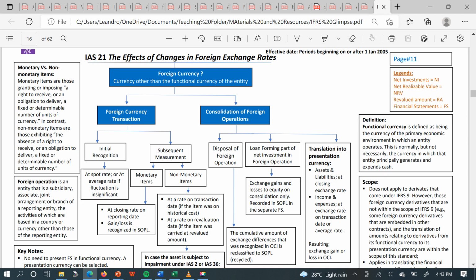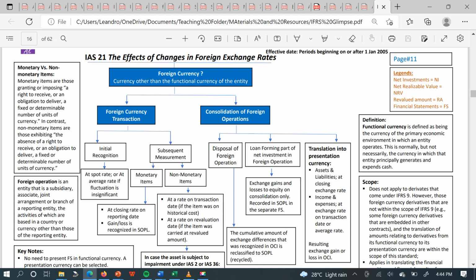In the second stage, you are using IAS 21 to account for foreign currency transactions. So you convert transactions into the functional currency. But in the consolidation stage, you are translating foreign operations activity into the presentation currency. Think about the initial measurement and subsequent measurement. And in consolidation, you have to know how to translate assets, liability, incomes, and expenses.